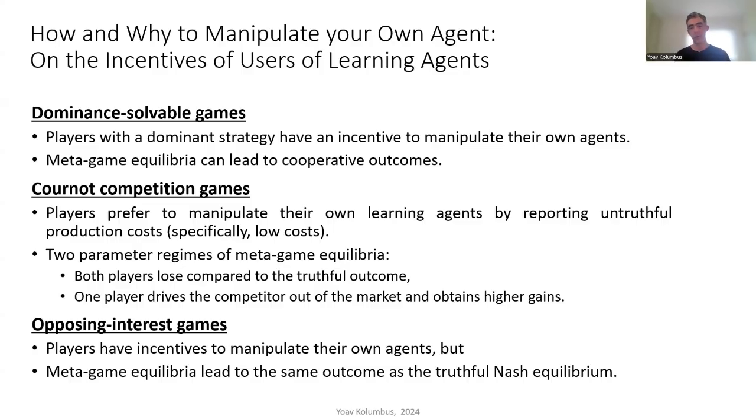So using the true parameters is not an equilibrium of the metagame, but we see that in equilibrium of the metagame, everyone is misreporting their parameters, but eventually they get the same outcomes as in the case where they use the true parameters. So we see this broad range of phenomena that can arise where we get cooperative outcomes, or everyone loses, or one player gains and the other loses, or everyone is trying to manipulate, but eventually nothing changes.